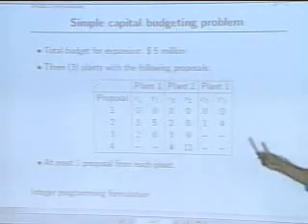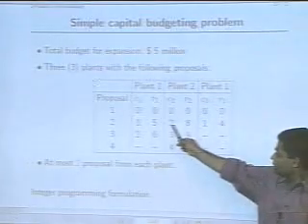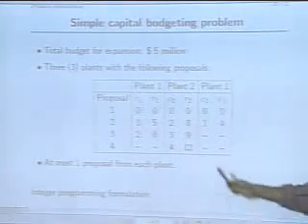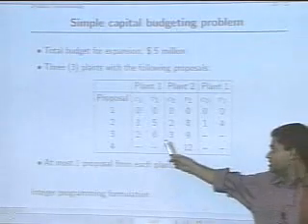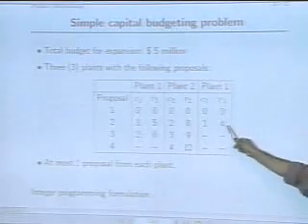So plant 2 has submitted 3 different upgrade plans. This is the cost of plant 2, and this is the expected reward from that plan. So it costs $2 million, and you expect to reap $8 million from it. Plant 1 has only submitted 2 proposals, and plant 3 has submitted only 1.